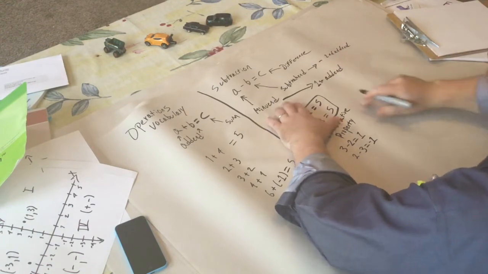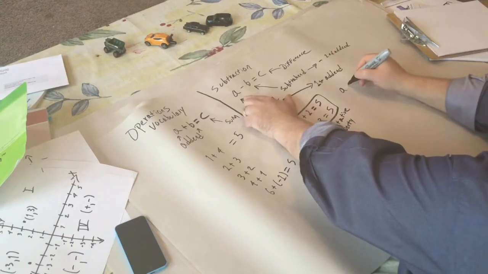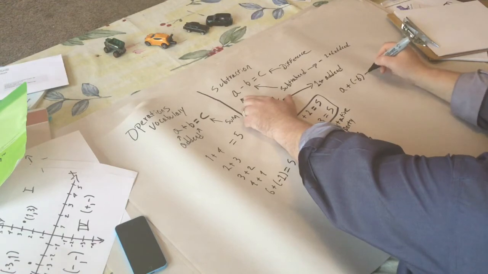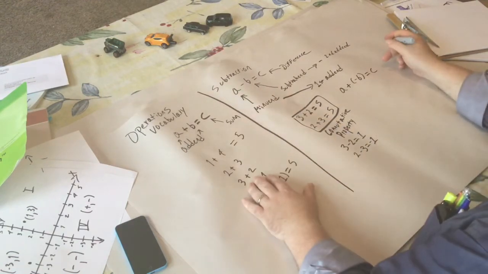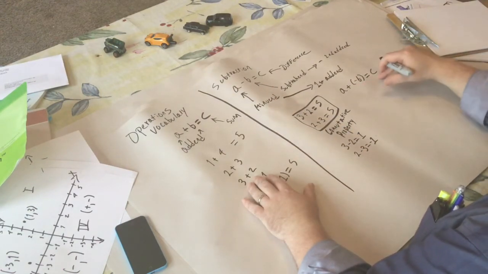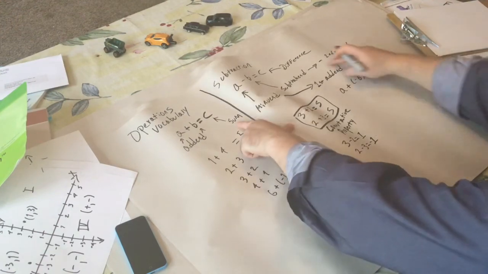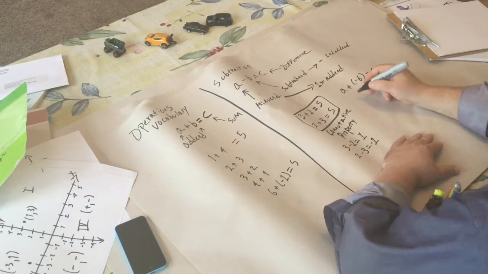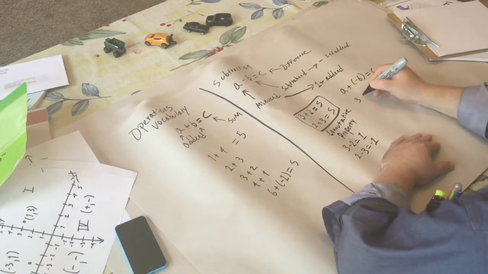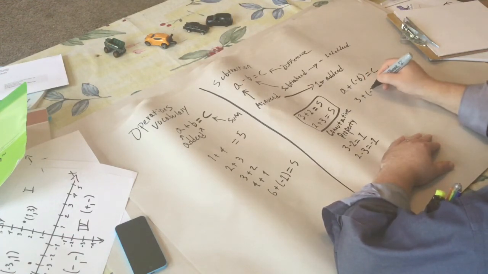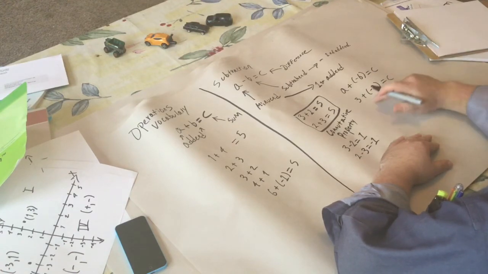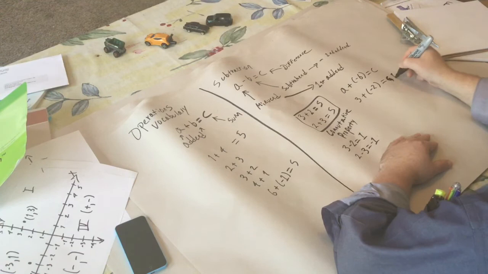And rewrite it, what I'm going to get is A plus negative B is equal to C. So now C is a sum, not a difference. And when I write it out, 3 plus negative 2 equals 1.